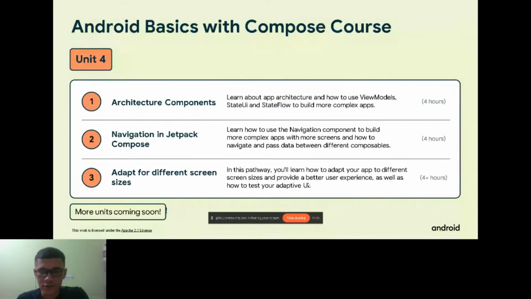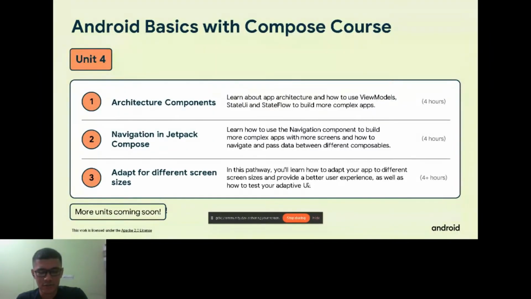And the last unit till now we have is architecture components, in which you will be learning about view models, state flow, etc. And then there is navigation. Navigation is for when, for example, you have a Flipkart screen, there are multiple screens that you can navigate to. You can navigate to your cart, your profile, the order screen. So this is what this second pathway of Unit 4 is all about.